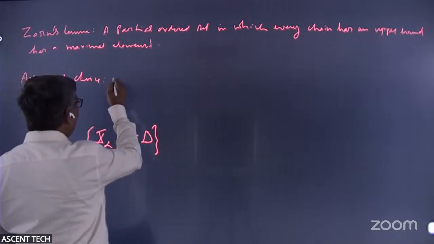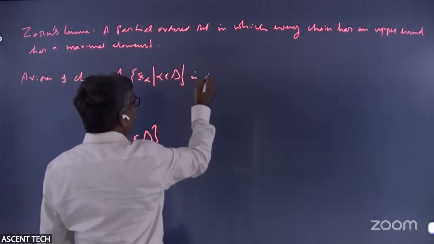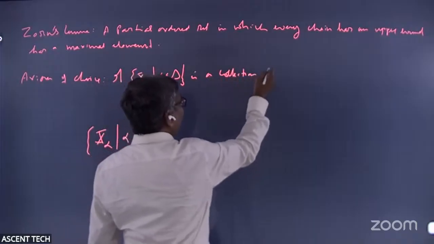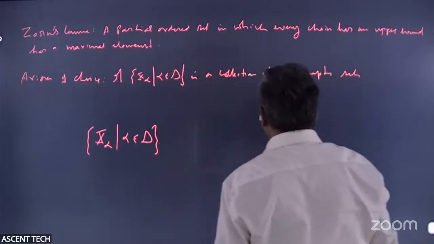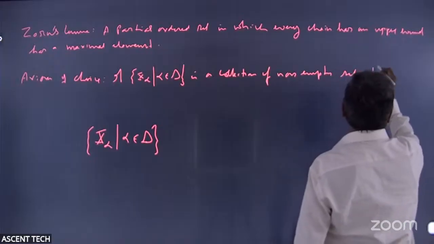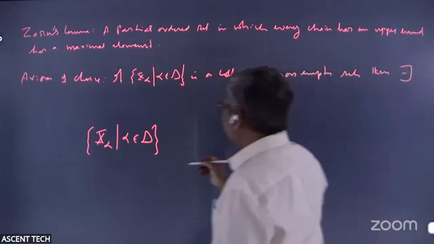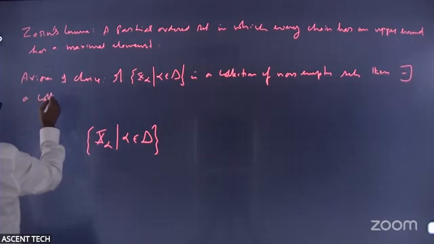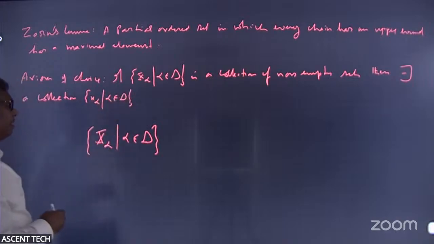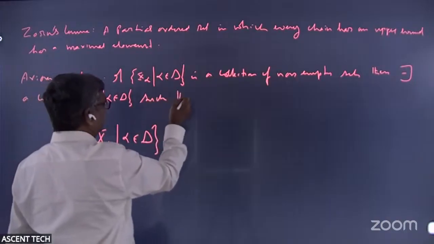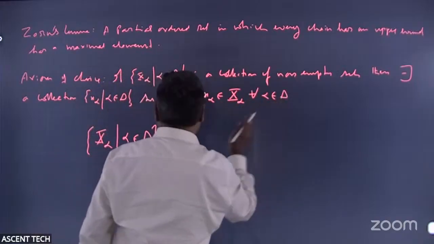So let's see that. If X_alpha, alpha in delta, is a collection of non-empty sets, then there exists a collection x_alpha, alpha in delta, of elements such that x_alpha belongs to X_alpha for each alpha in delta.